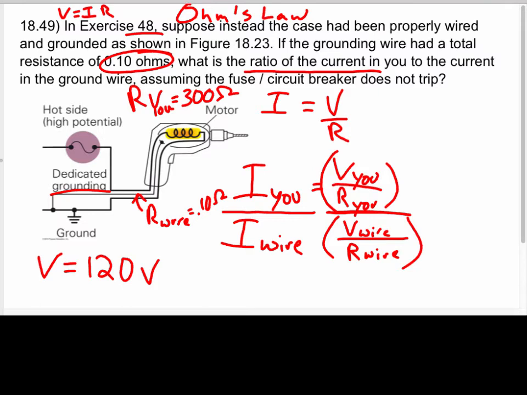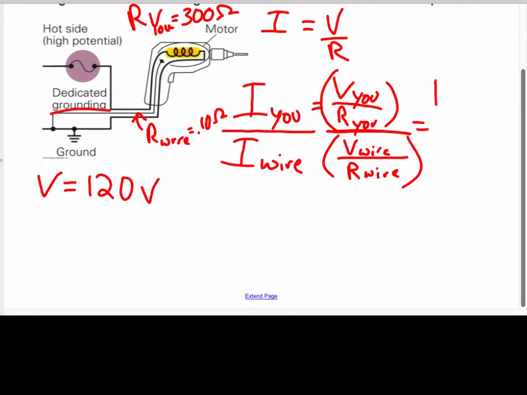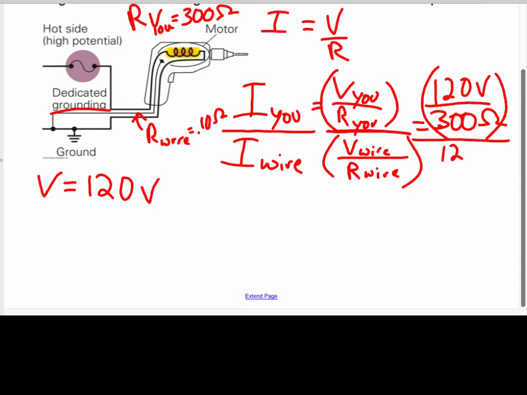And I think the voltages will cancel out. So what you end up with is 120 volts all over 300 ohms, all over 120 volts again, all over 0.10 ohms.